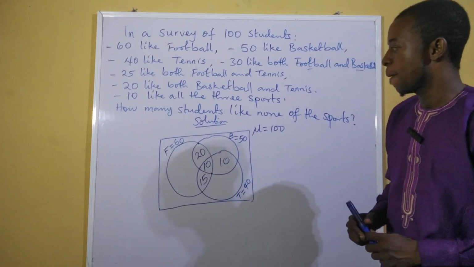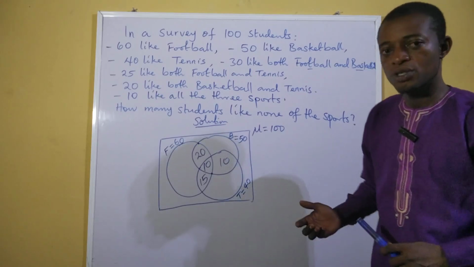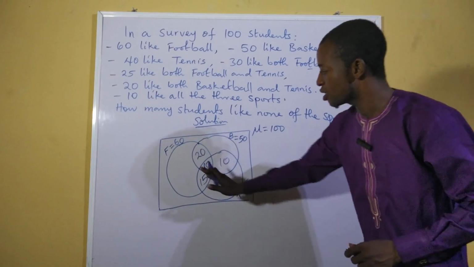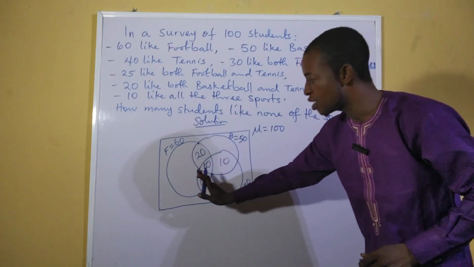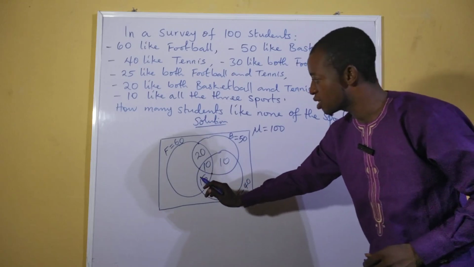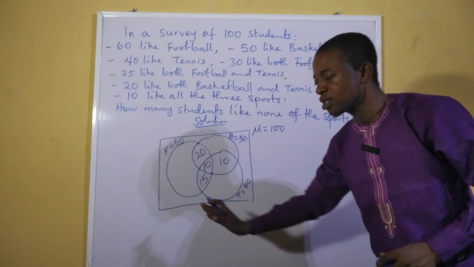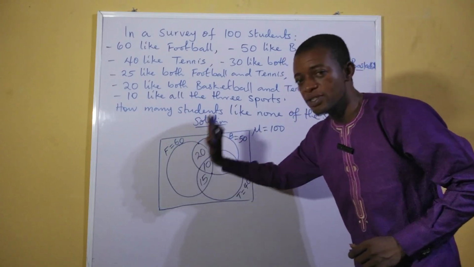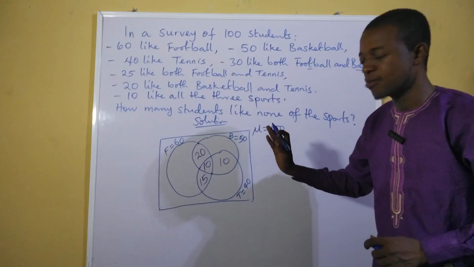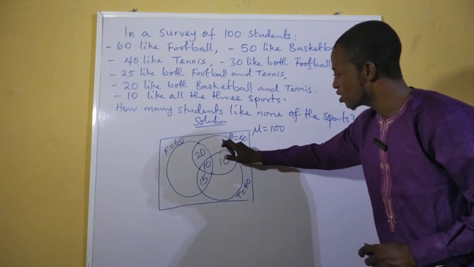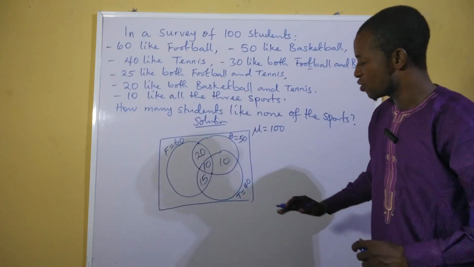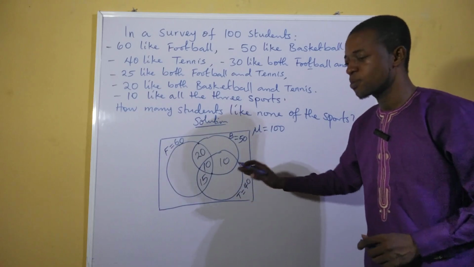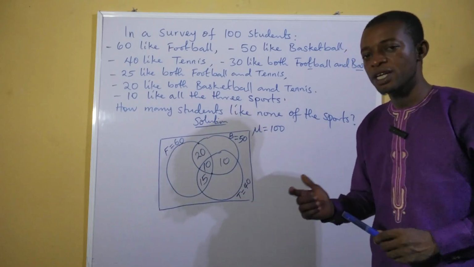Before we continue, we now want to balance the empty spaces here. This empty space represents football only. That is, students that like football only is only this place. Students that like basketball only, this place. Students that like tennis only, this place. And how do we get that?